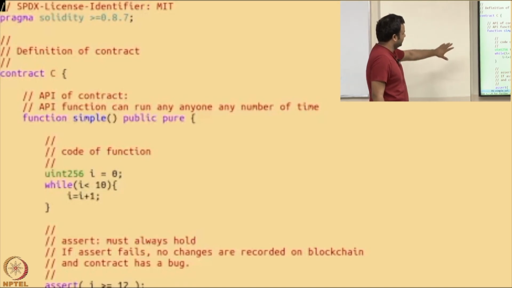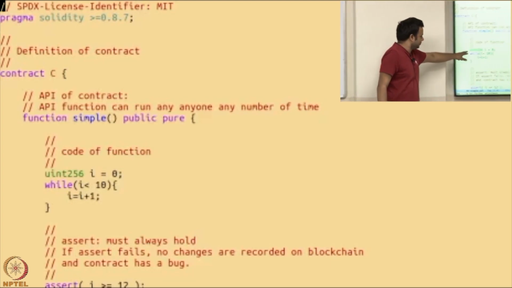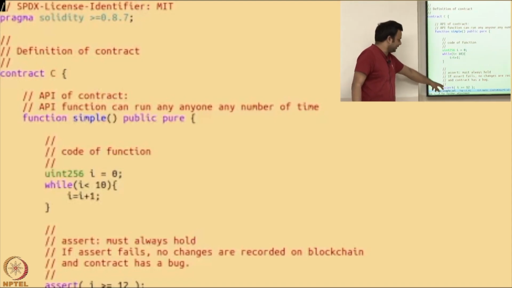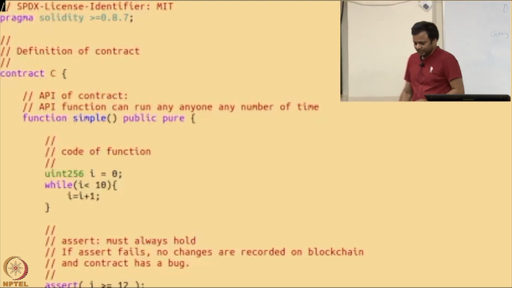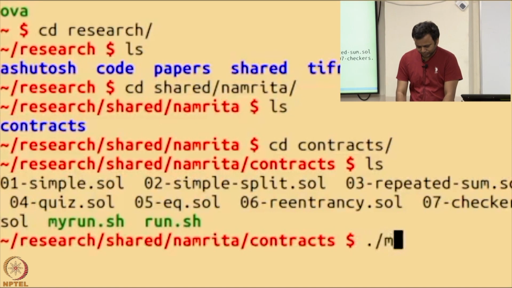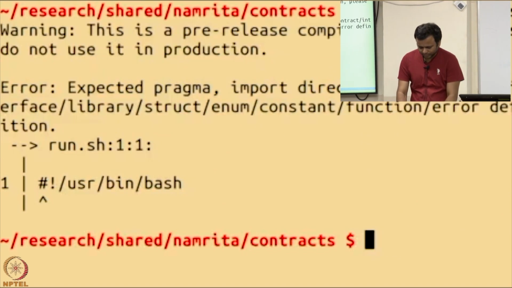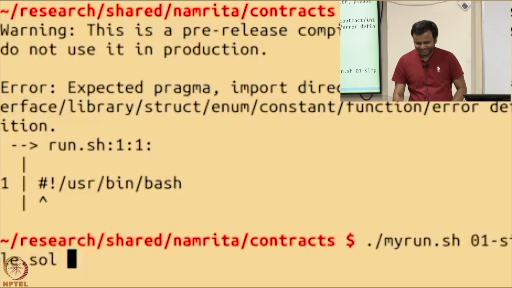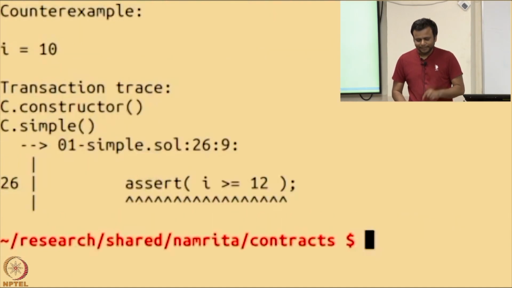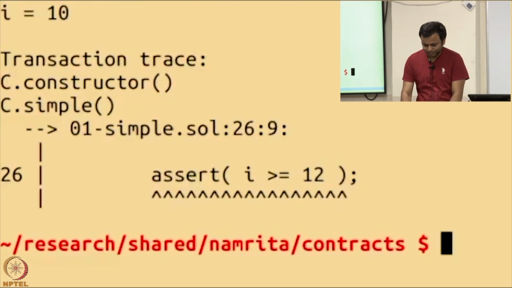You have this contract, and then you call this simple function, you execute this program, and then you check the assert. Sorry, wrong file. It said something is wrong with the code. It's saying i greater than, so you can look at the output, sorry.